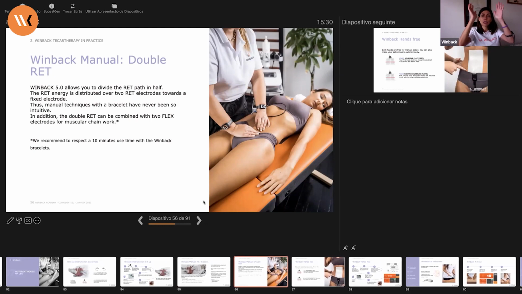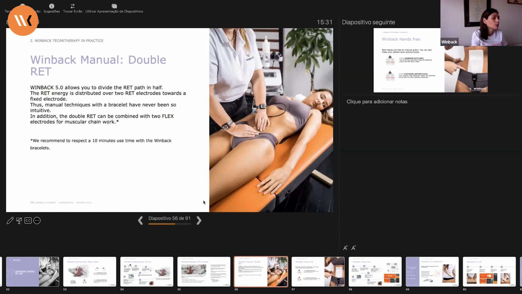When you have the double red, the two bracelets, the Winback 5.0 allows you to divide the red path in half. The red energy is distributed by the two red electrodes towards the fixed electrode. Thus, the manual technique with a bracelet has never been so intuitive, and with this you can do like a triangle of the areas that you're treating.